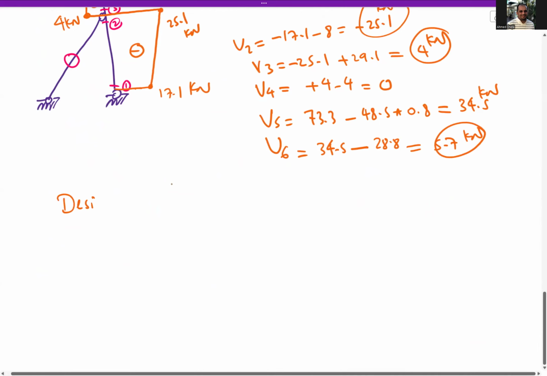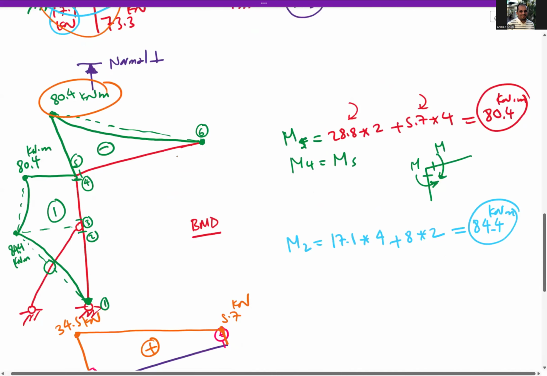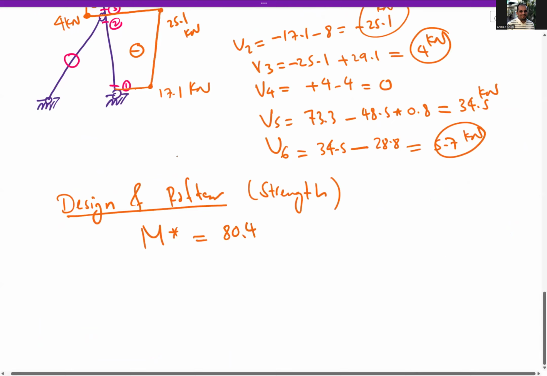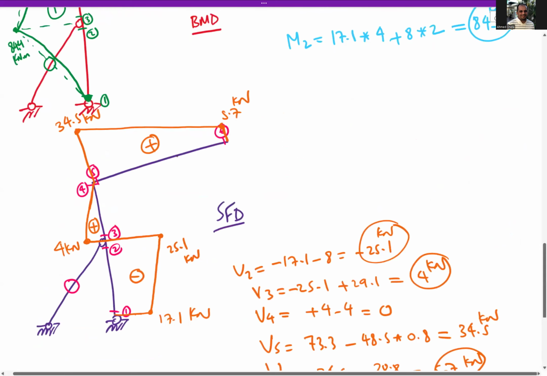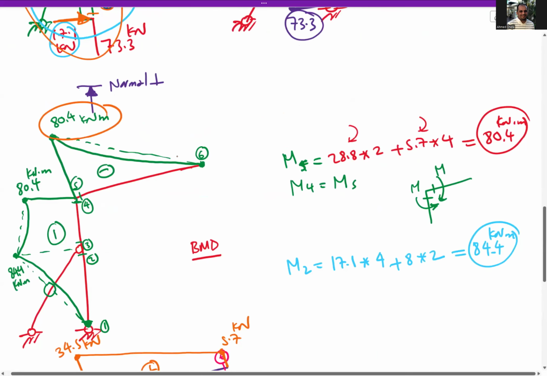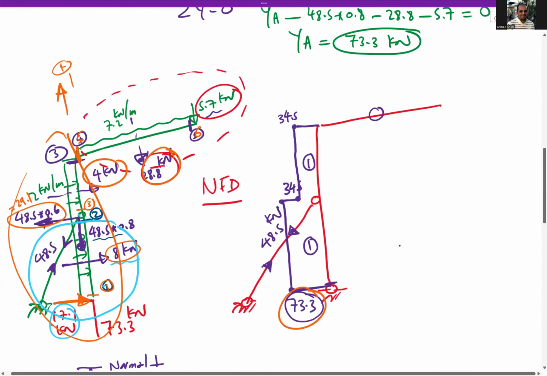So when you design the rafter for strength, the rafter will be designed on M star. What is the maximum moment on the rafter? It is 80.4 kilonewton meter. So this is how to design the rafter. Design of column for strength: the column is subjected to a maximum moment of 84.4 and maximum normal of 73.3.